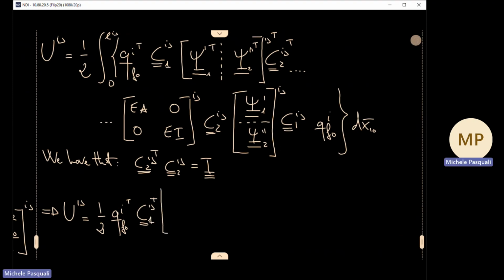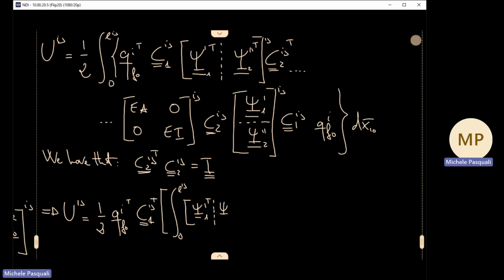Everything multiplying the integral over the length Lij of what? Well, again, sorry, here we don't have to put the transpose, of course, because we already wrote it in the row. So it doesn't need to be transposed again. So psi1 prime transposed.